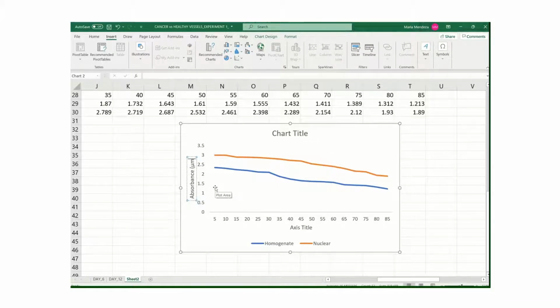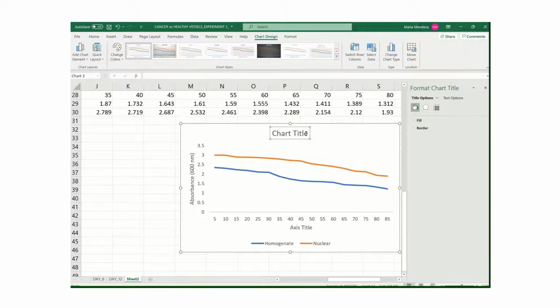What's microns? Oh no, it was in nanometers. My bad. Sorry. Absorbance in nanometers. It was 600. 600 nanometers. Okay. Alright, chart title is, so this is absorbance over time.